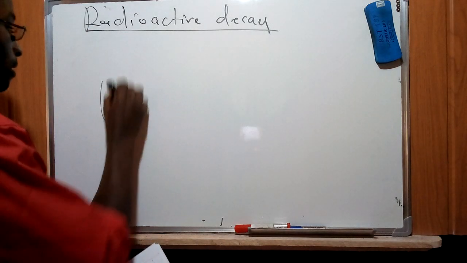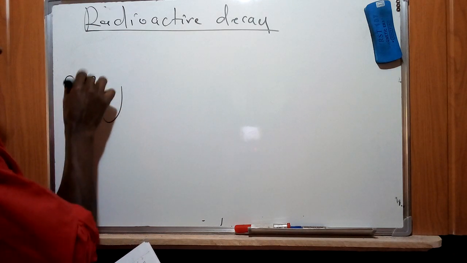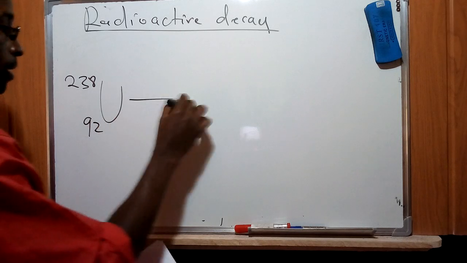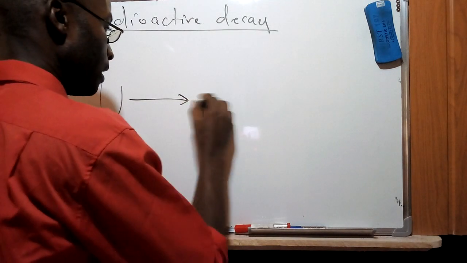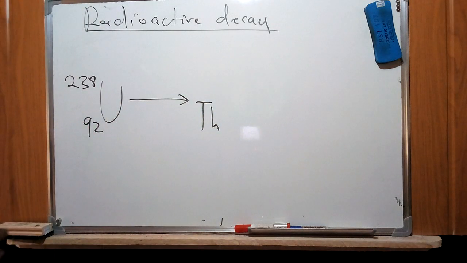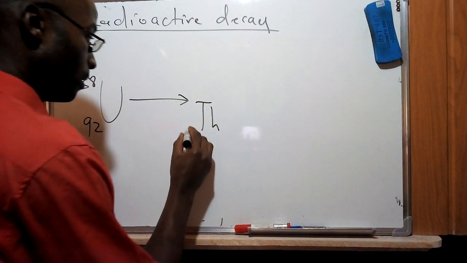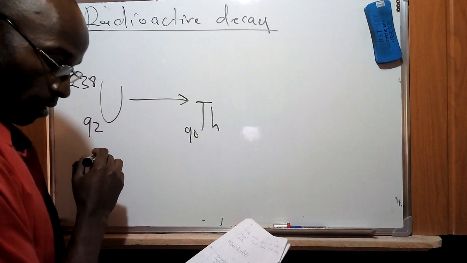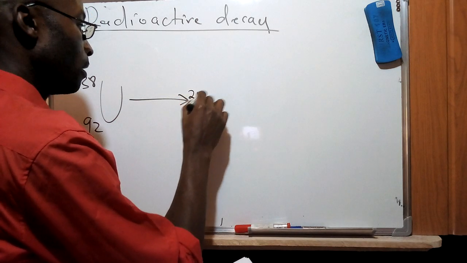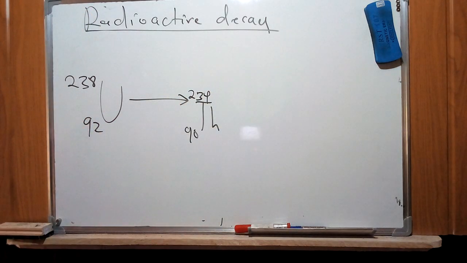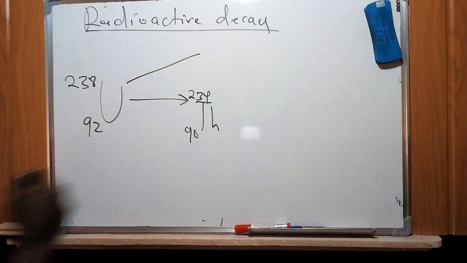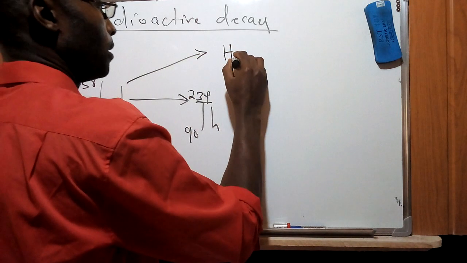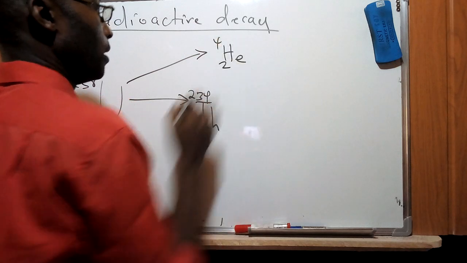So I'm going to give that example still of uranium-238 and 92, decaying to form an element that is known as thorium, which is represented as that. So there will be a net change in the mass and atomic number after it has lost what we call an alpha particle, which we have said is a helium nucleus.